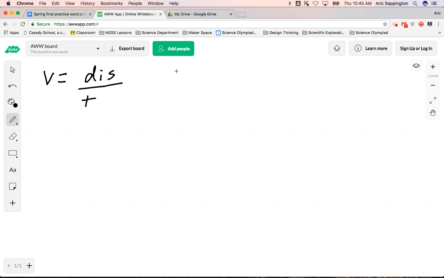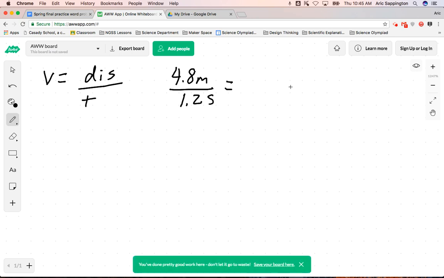And in this case, the displacement is 4.8 meters and the time is 1.2 seconds. So when you solve this, you're going to be left in meters per second. And so you'll have your answer in meters per second.